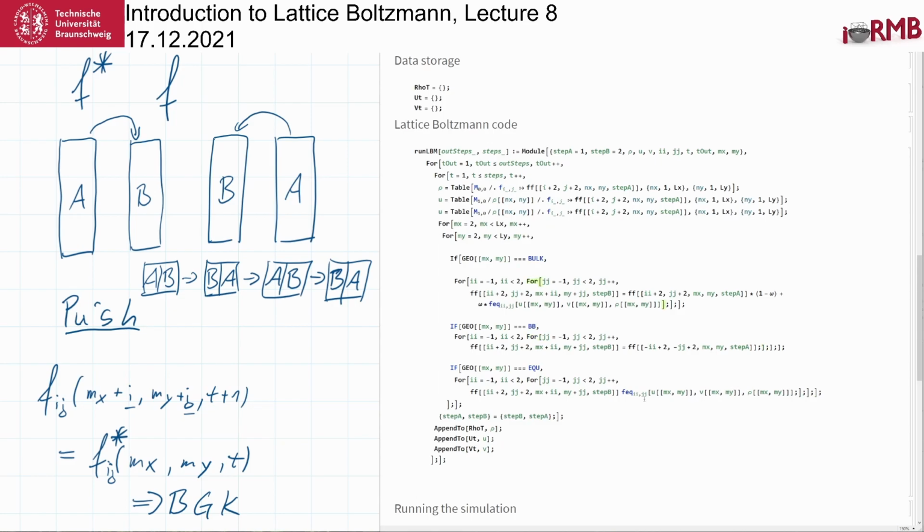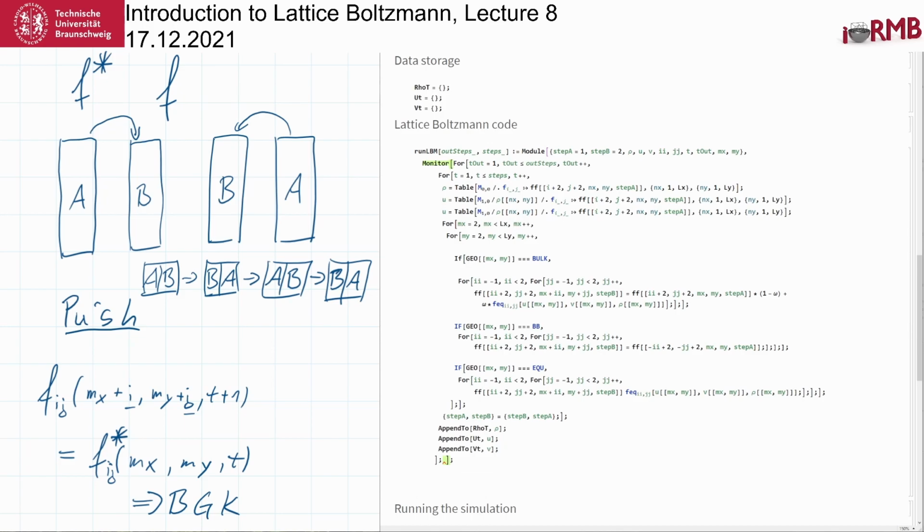Because this is going to be a slow code, I want to introduce some monitoring device here that produces a progress bar, hopefully. So I put here monitor. It is not extremely important to understand this, it is just helping us monitor.